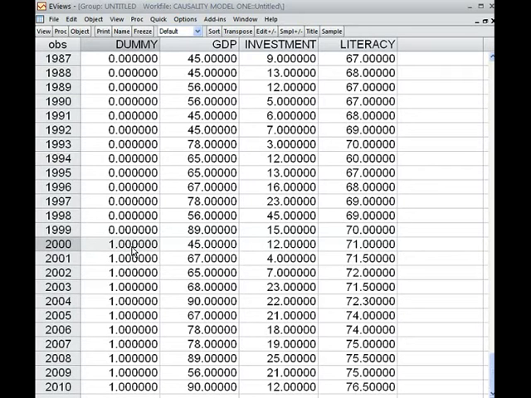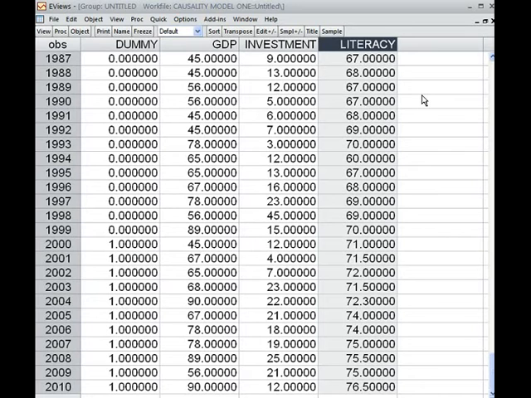Okay, and what is the objective of this model? The objective is that the welfare state that Maria Land has become has a positive impact on the literacy rate of Maria Land.